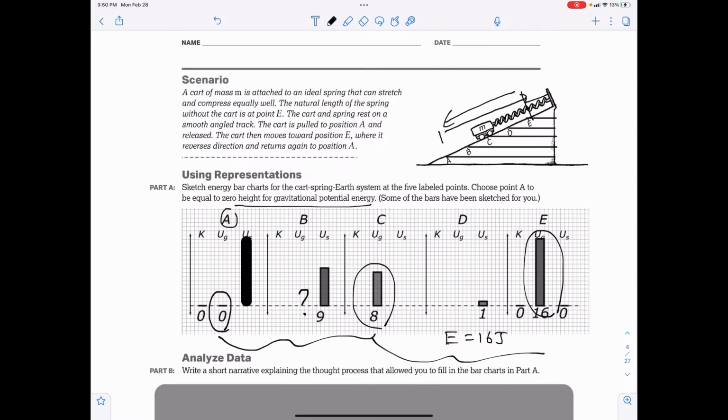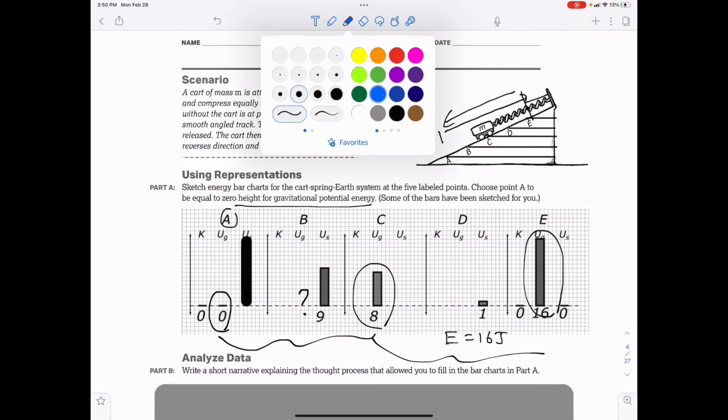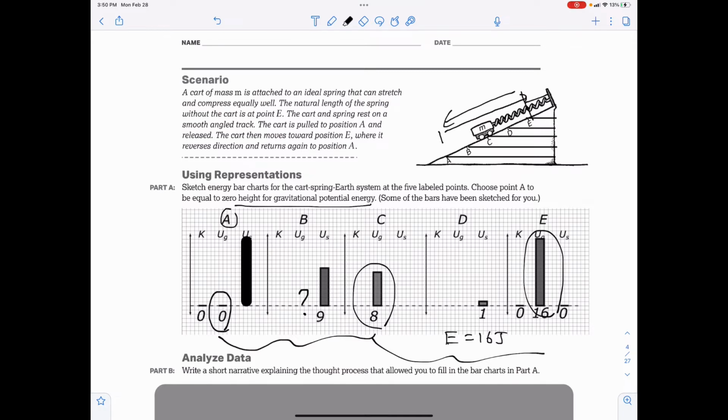That would almost seem like we go about 12 units high in part D and about 4 units high in part B. Because potential energy is proportional to mgh.